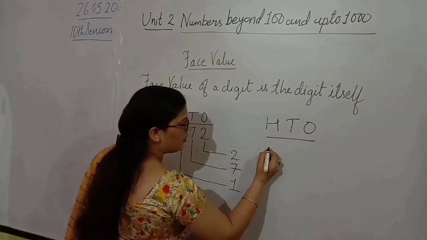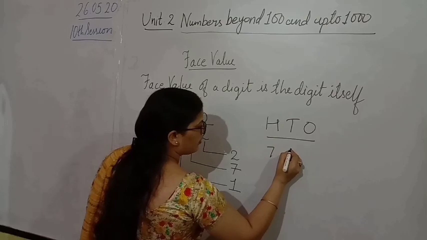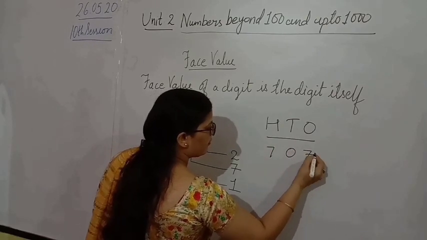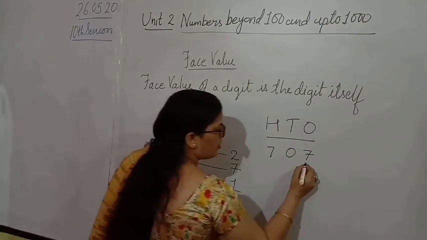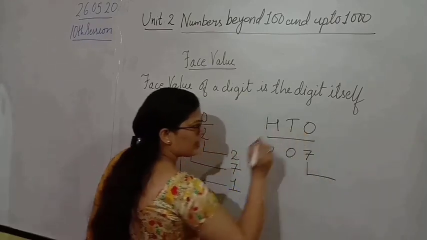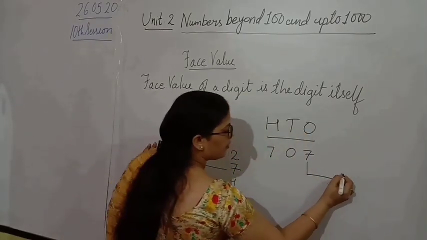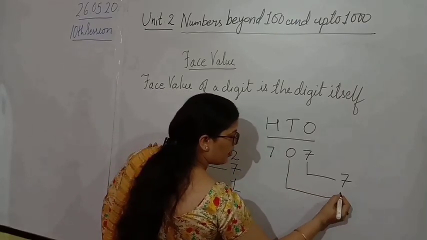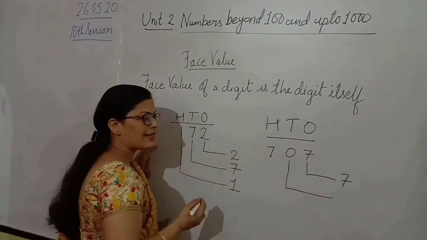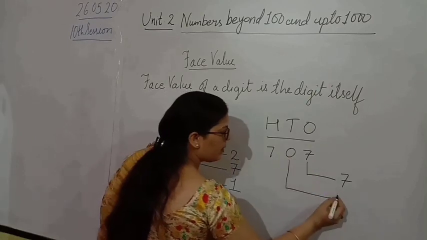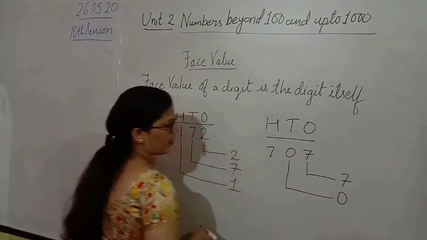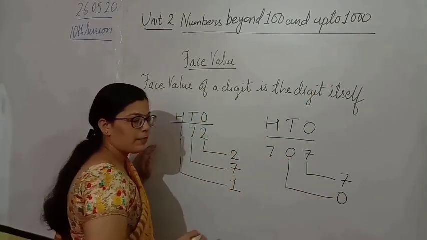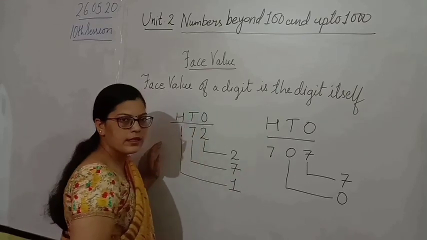Now another number, 707. Here face value of 7 which is at ones place will be 7. Face value of a digit is digit itself. So face value of 0 will be 0. Now we also know that place value of 0 is always 0.